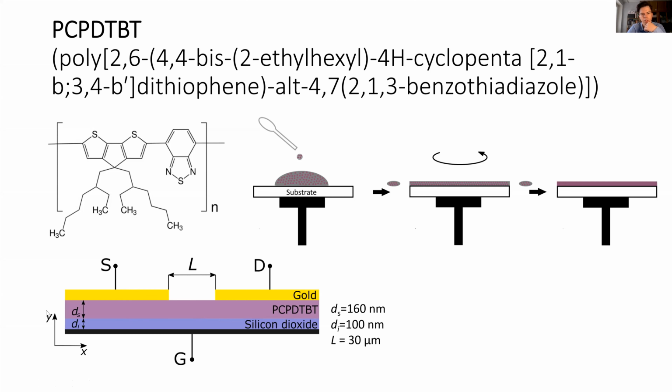And we chose a top electrode structure because in this way we can measure charge carriers in both directions, Y and X, which I will call perpendicular to the substrate, which is Y, and parallel to the substrate, which is X. And in our case, highly doped silicon was used as the gate electrode.